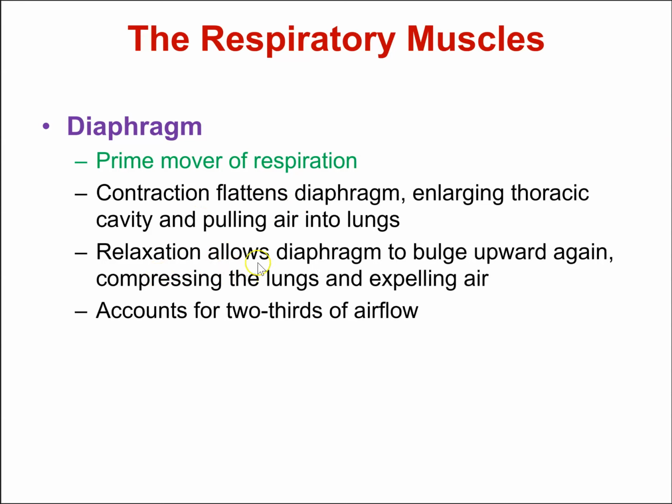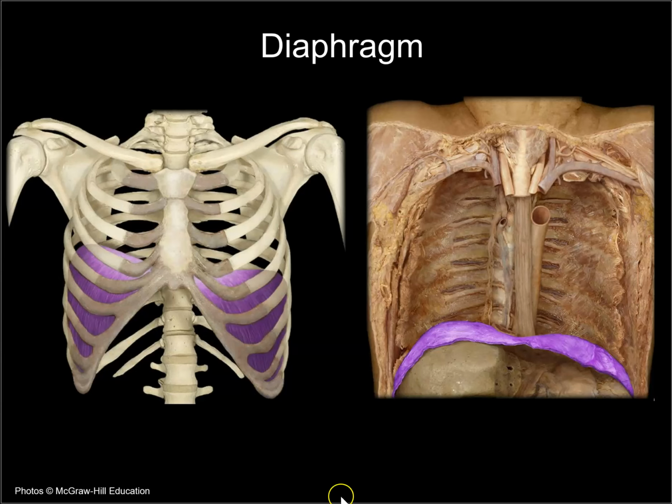And when we relax or breathe out, the diaphragm expands and bulges upward again, and it helps in expelling air out of the lungs. So this is what the diaphragm looks like when it's relaxed and when we breathe in air. So when you inhale, the diaphragm muscles contract and flatten to allow more room for air inside the lungs.